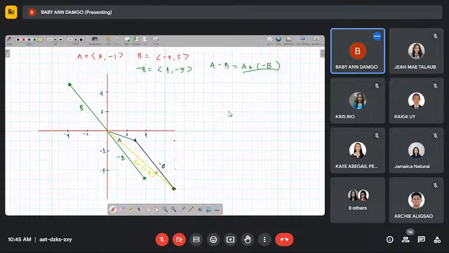And B is equal to 6, negative 3. Okay? So, find A minus B for graph and its analytical. So if you're done, send it to our group chat.